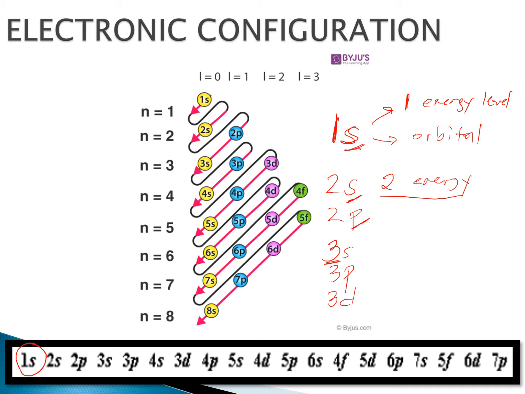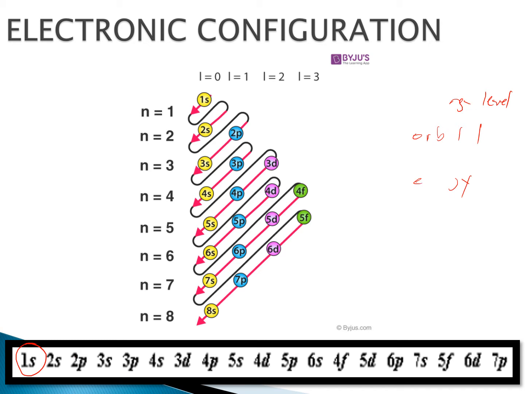So, let's try to relate it with the picture of an atom or picture of a nucleus. Let's say for example, this is our nucleus, and let's say we are talking about sodium. So this is the nucleus of sodium. The first energy level is this one.